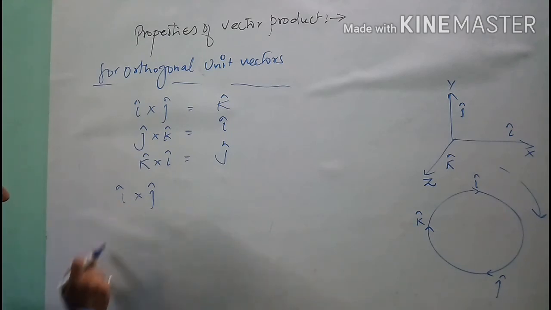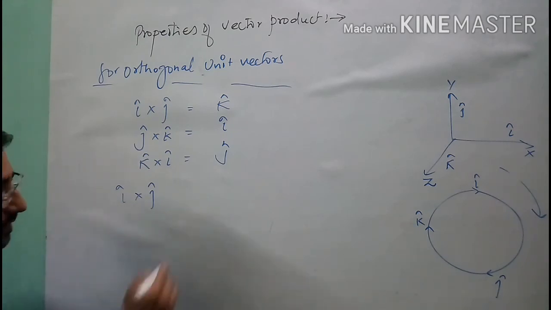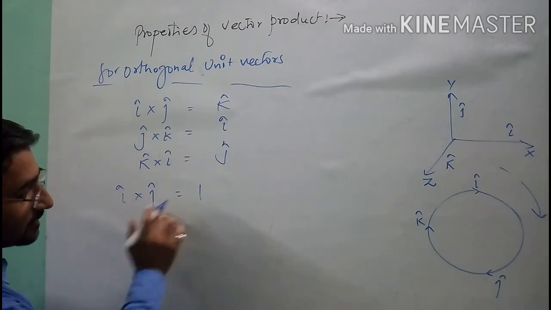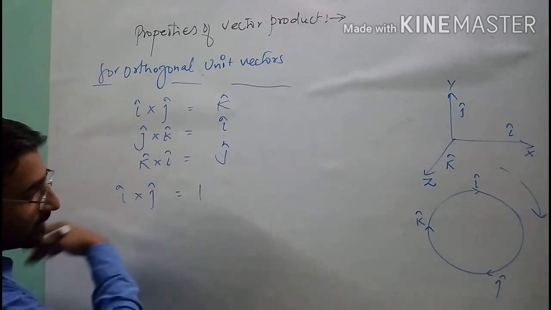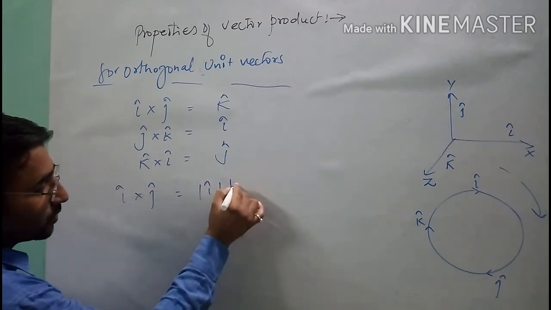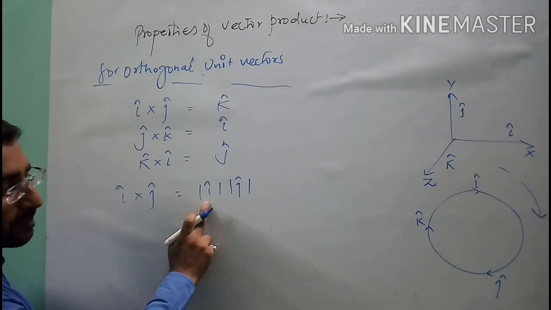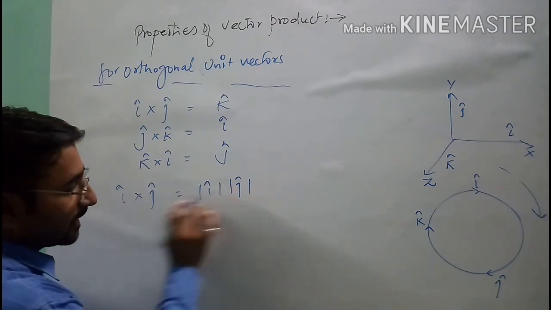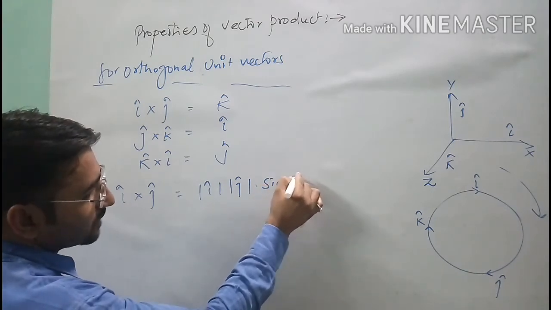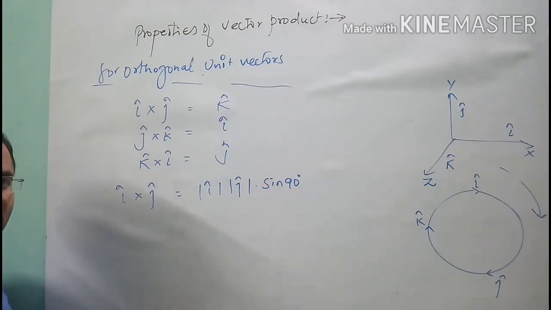Now students, see i cross j. As you know, the cross product of two vectors is the magnitude. Here I am taking the cross product, not magnitude. Listen carefully. So I will write the magnitudes of these two, i cap mod, j cap mod, and the angle between them. We know that these are mutually perpendicular, so sine theta will be sine 90 degrees.